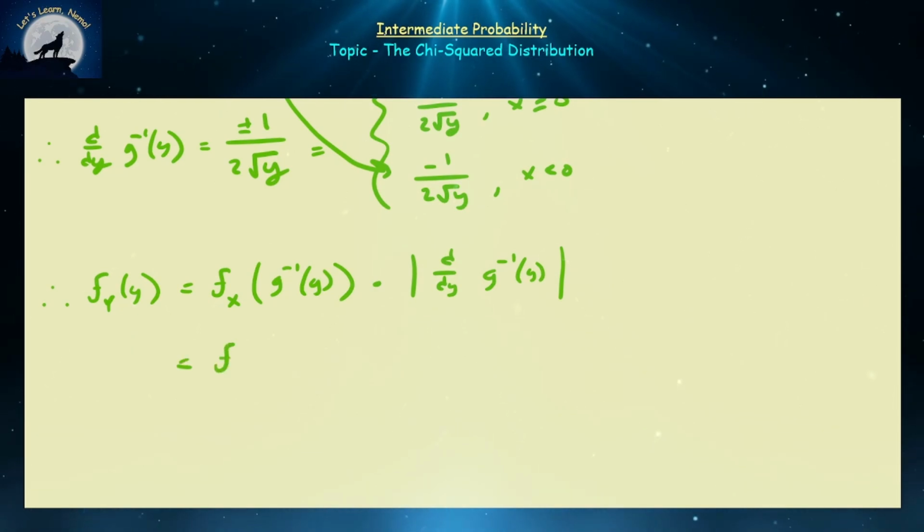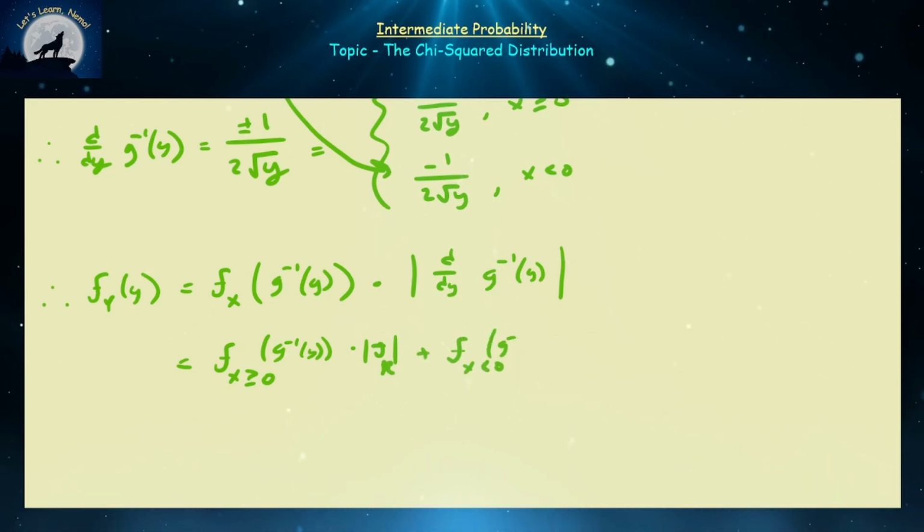We'll have f of x for x greater than or equal to 0, at g inverse of y, times the absolute value of that Jacobian, let's call it JR for the right. And then we'll have f of x for x less than 0, at g inverse of y, times the absolute value of the Jacobian for the left-hand side, which I'll denote as JL.